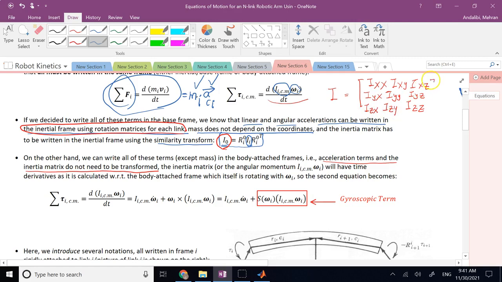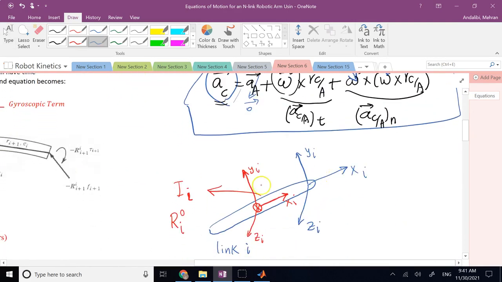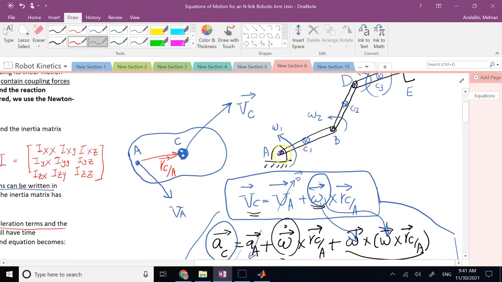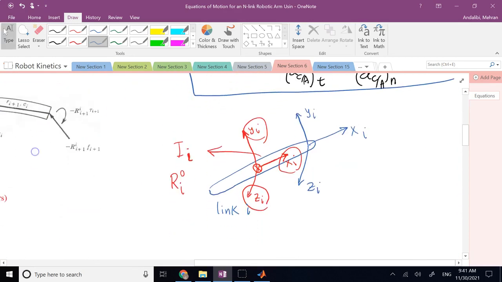This matrix, remember, when we are using body attached frame, this x, this y, and this z, they are not constant x, y, z like the base frame of the robot. They are different than this x and this y and z. This x naught, y naught, and z naught, they do not have time derivatives. They do not rotate. These guys do. So if I say, what is like this xi hat, or the i, for example, does this guy have a time derivative? The answer is absolutely. It is equal to omega i cross that xi hat.